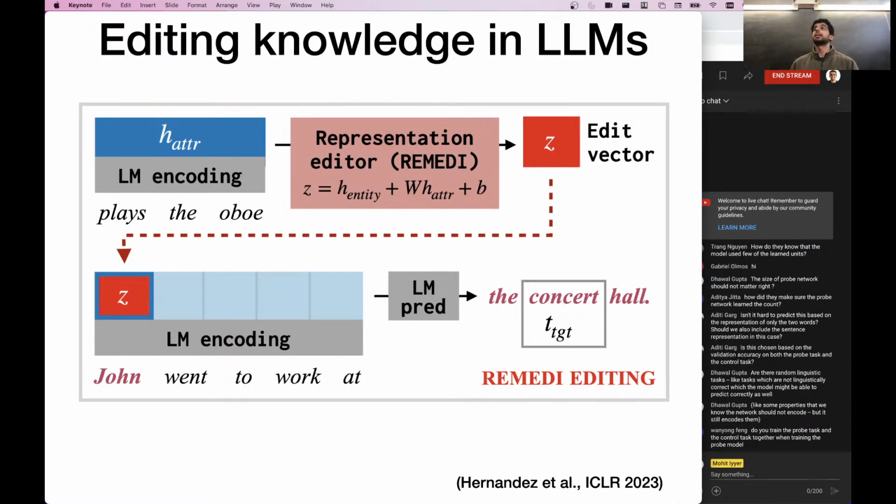There are now methods that allow you to actually patch the representations of particular tokens in order to add or remove knowledge about a particular entity to affect the generation.